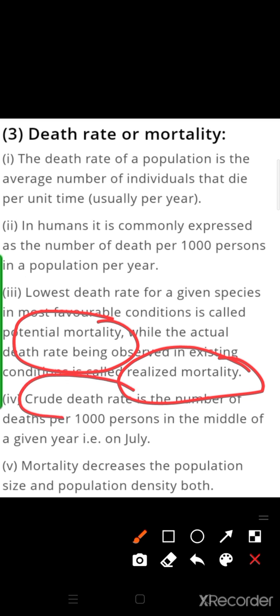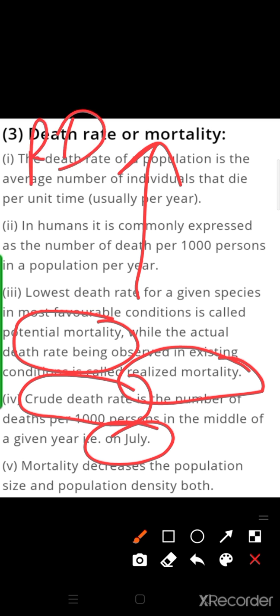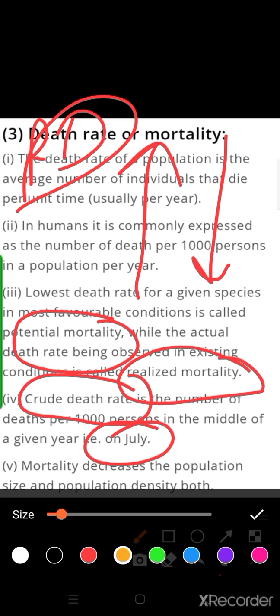What is the crude death rate? If we count it in the month of July, it is known as the crude death rate. Mortality decreases the population size and population density both. As I told you, if natality, the birth rate, increases, population density increases. If the birth rate drops, population density also goes down. If the mortality rate increases, population density decreases.